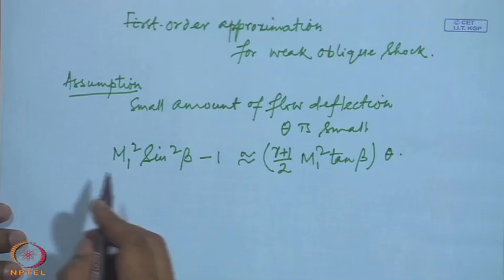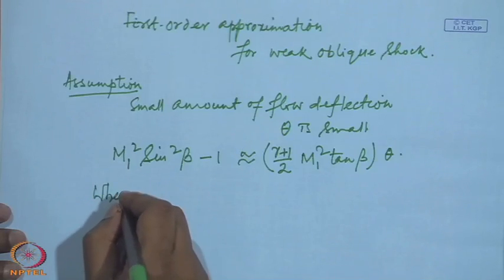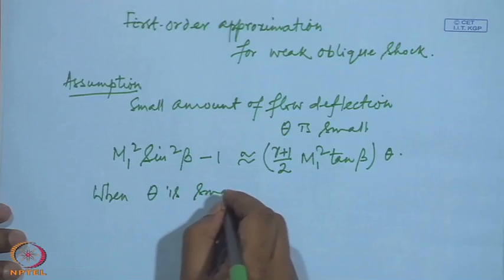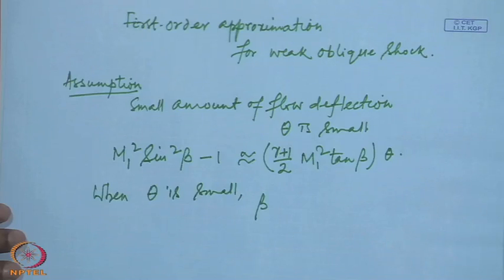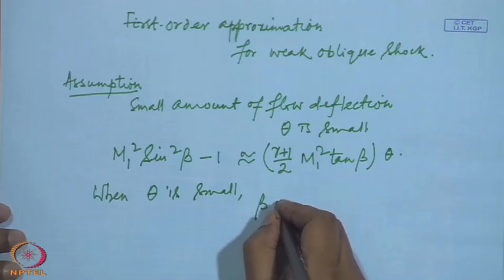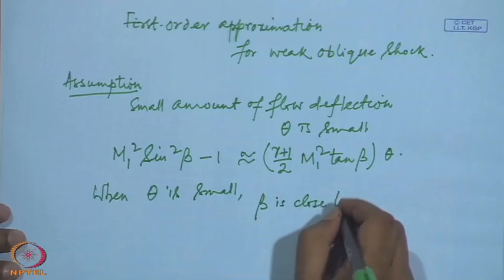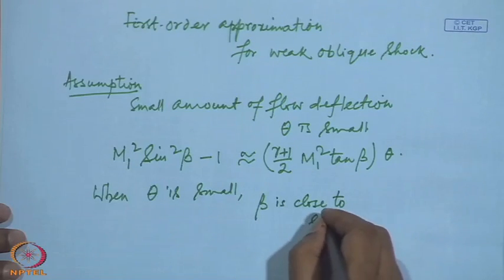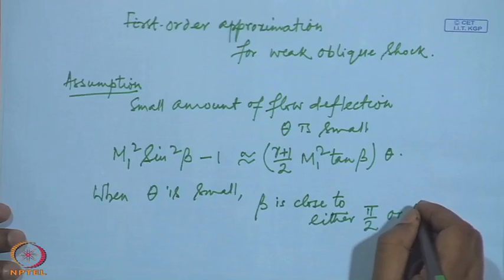for when theta is small, beta is either close to pi by 2 or mu.